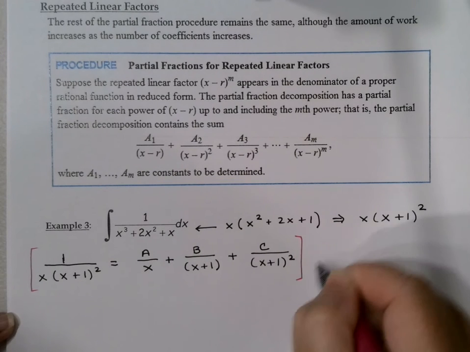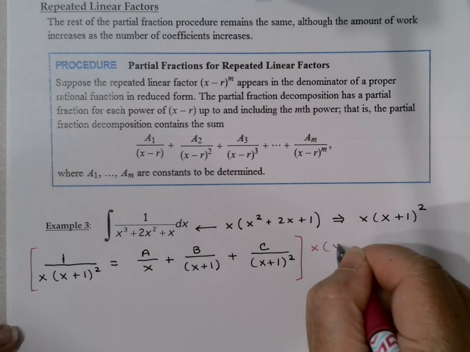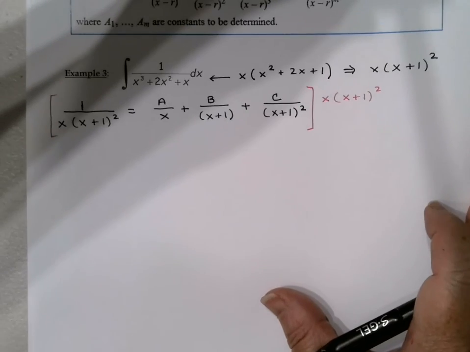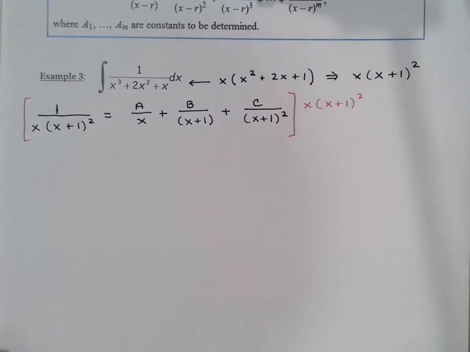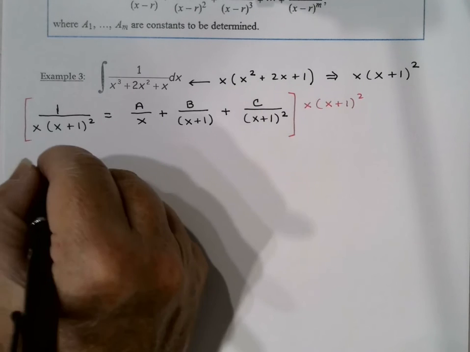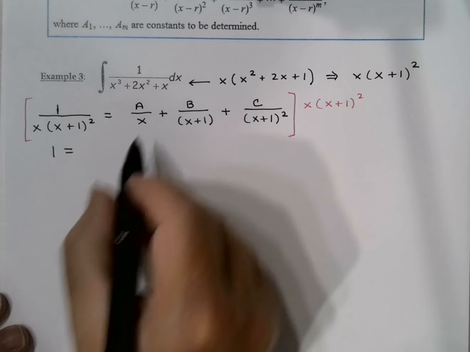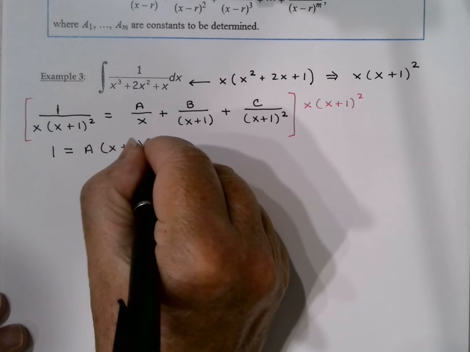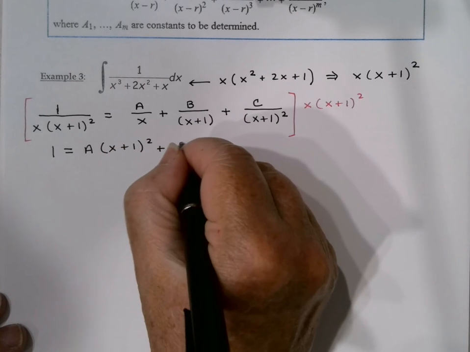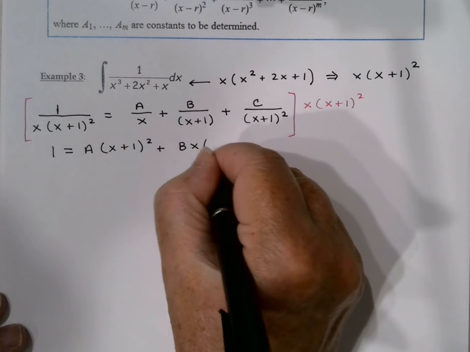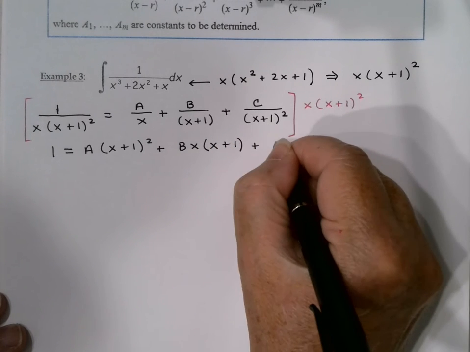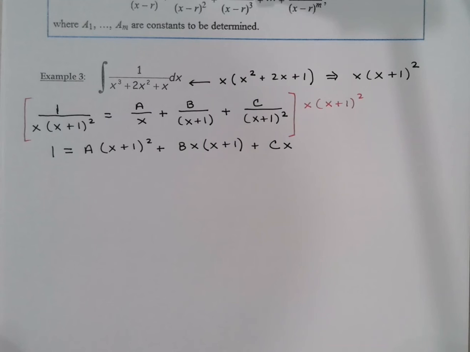All right, we've got to solve for the A, B, and C. So again, I'm going to clear my fractions by multiplying by the LCD, x times x plus 1 squared. And that's going to cancel with the entire denominator on the left, just giving me 1. Over here on the right, I'll have A times x plus 1 squared plus B times x times one of the x plus 1's plus C times x.